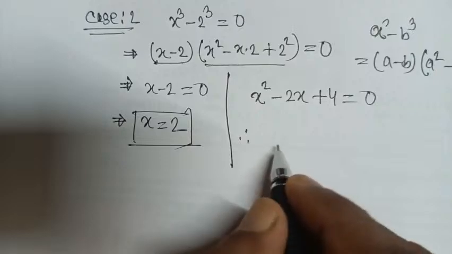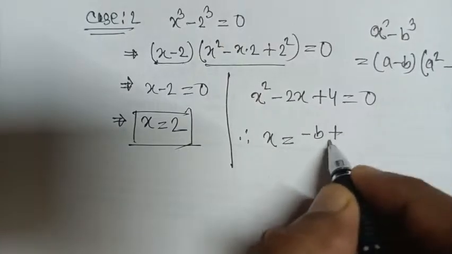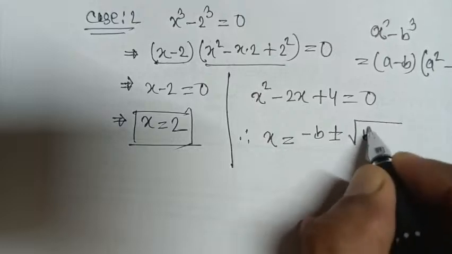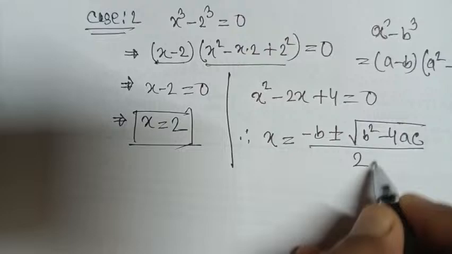So therefore x will be minus b plus or minus the root of b squared minus 4ac, by 2a.